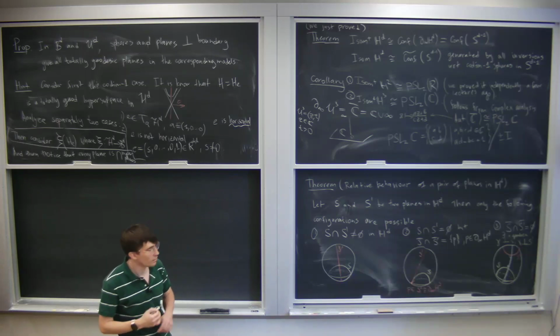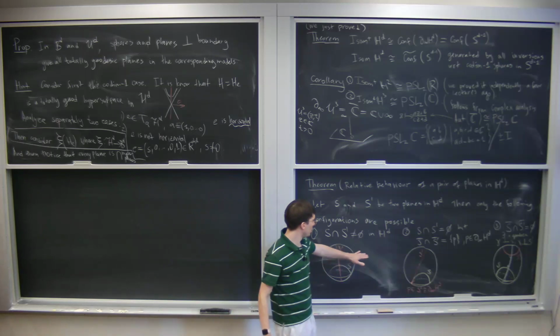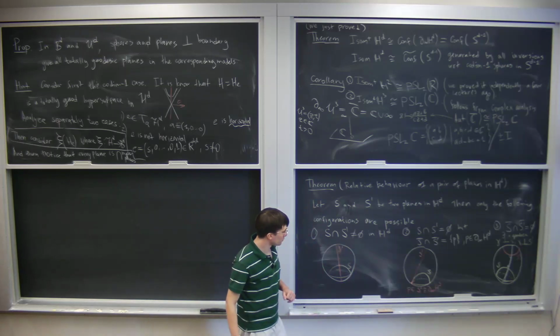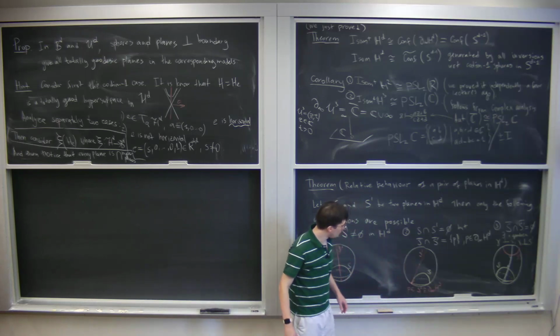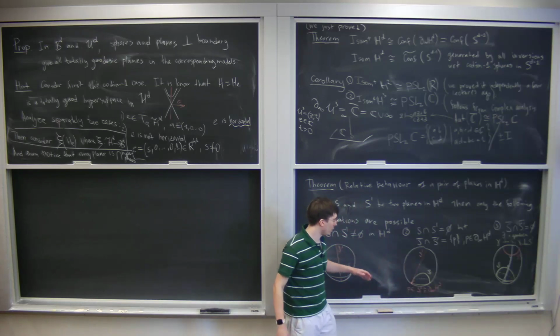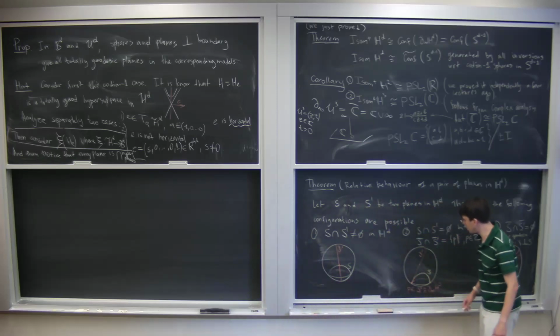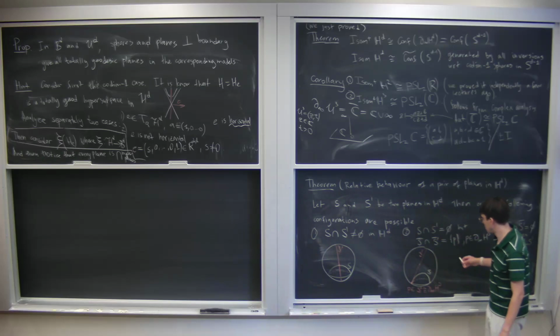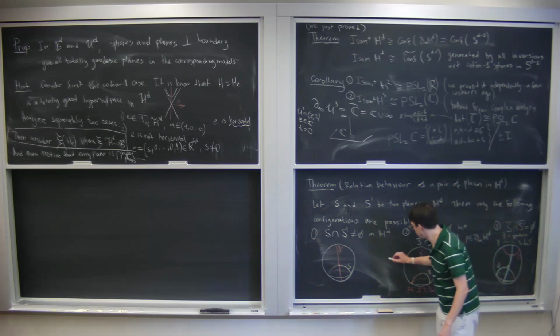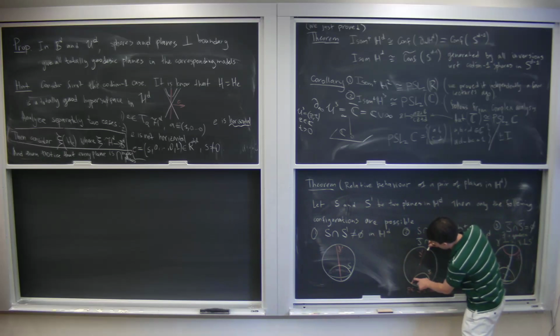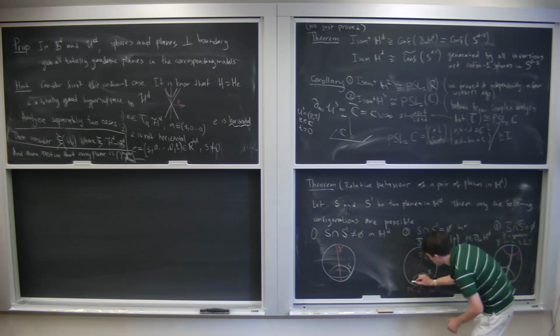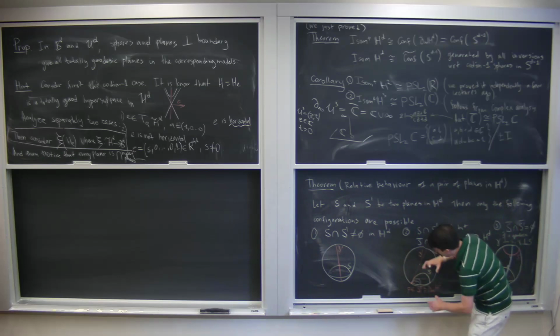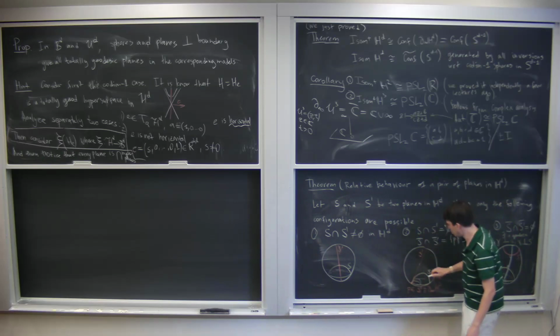Yeah, do you have a question? Like, I thought S should be... Which one? Here? Well, yeah, it's just not a careful picture, but these are perpendicular to the boundary. So you can start with drawing a diameter, and then you can draw infinitely many spheres orthogonal to the boundary, just by varying the center.